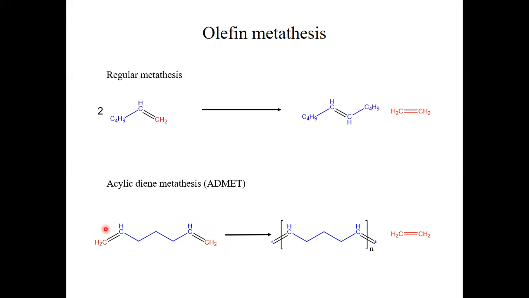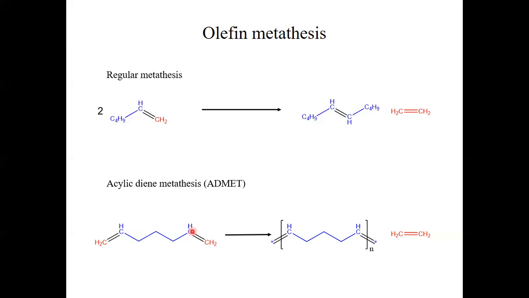So now you can cleave this carbon-carbon bond in the middle here. You can cleave this carbon-carbon bond in the middle over there. You can combine the two CH2 groups again to make ethylene. Okay, and now the other fragment has two reactive ends, here and here.